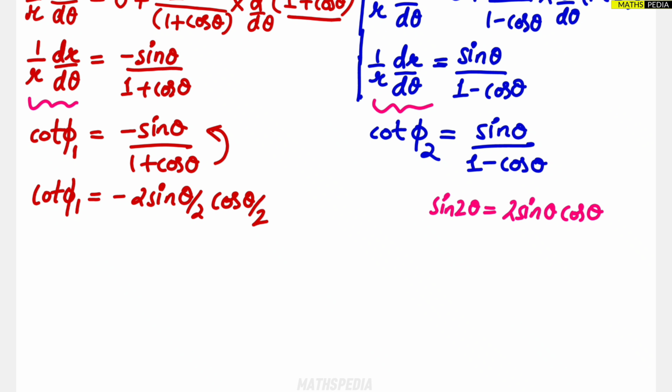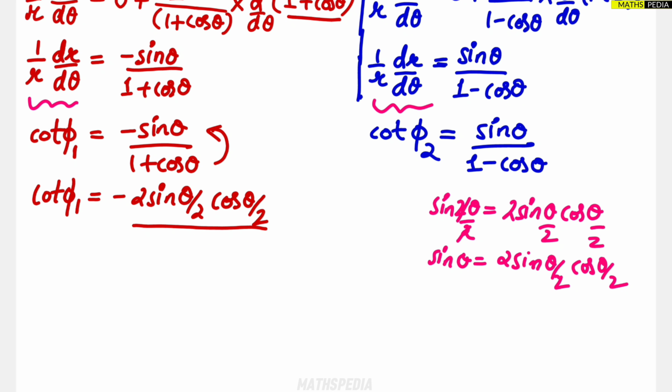Here it is 2 theta. So I will divide this particular angle by 2. Angle by 2, not the functions by 2. I am telling you angle by 2. So what happens? It will be sin theta equal to 2 sin theta by 2 into cos theta by 2. Simple. This particular thing I have applied over here. Simple. Next. Divided by 1 plus cos theta.